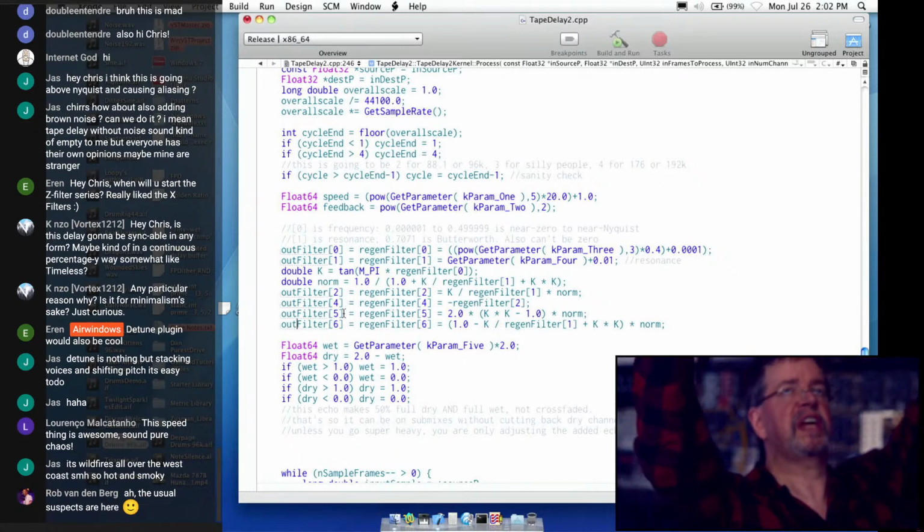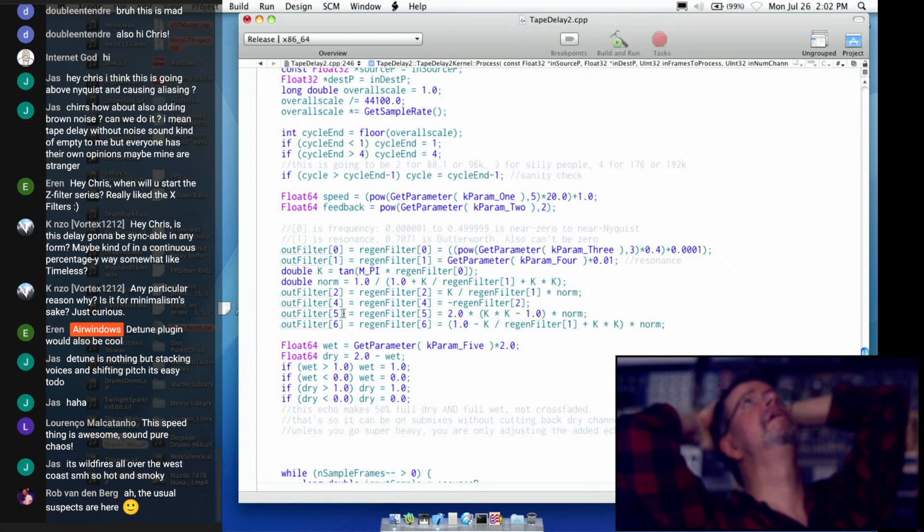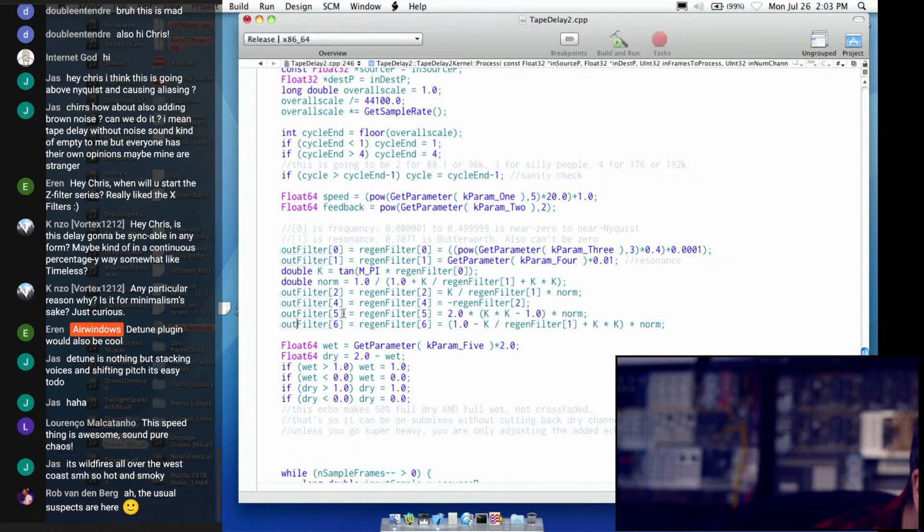And let's just say that the regeneration cuts back on the resonance less than the overall filter. What that's going to mean is they're going to have different resonances.